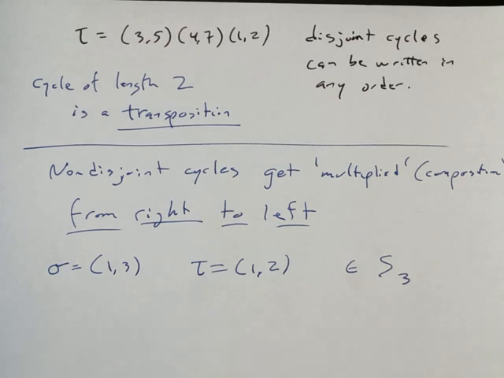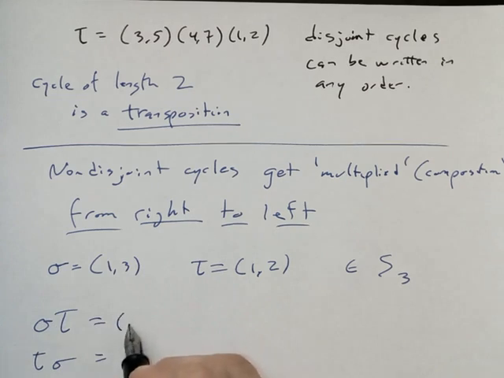I would like you to write those, sigma tau and tau sigma. Well, sigma tau would be (1 3)(1 2), right? I'm going to multiply these together. That means first I'm going to do tau, because it's on the right, and then I'm going to do sigma, because it's on the left. So how does this work?